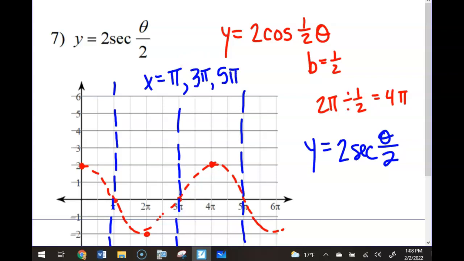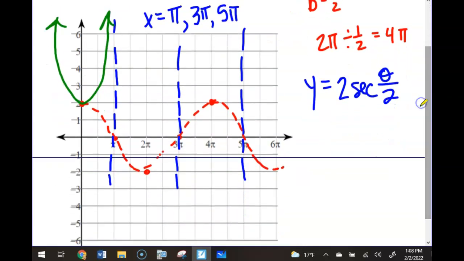And what am I going to do to all those little u's in between there? Flip them the other way, yes? So that ordered pair would be 0, 2. Right down here, there would be an ordered pair of what? Give me that one and I'll be done. 2 pi, -2.